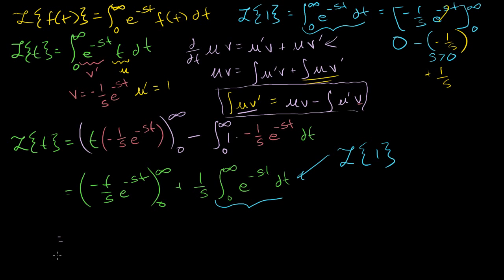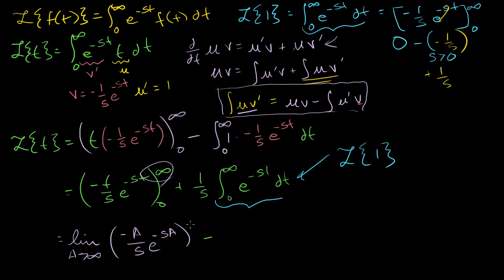So this is equal to, let me write it this way, the limit as a approaches infinity of minus a over s e to the minus sa. So that's this evaluated at infinity. And then from that, we're going to subtract this evaluated at 0.